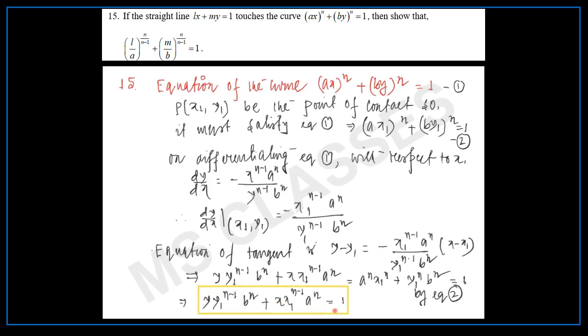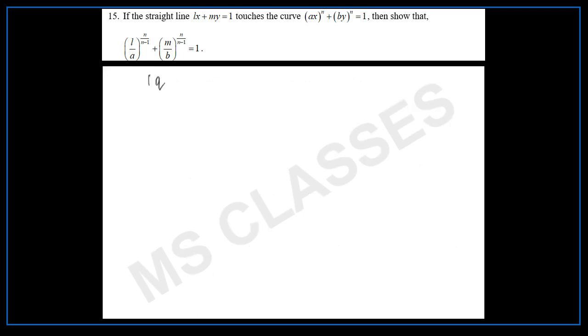So this is the equation of tangent which we have got. Now we mark this as equation 3. Equation 3 and Lx plus my equal to 1 should be identical.